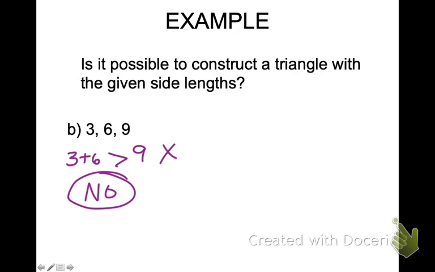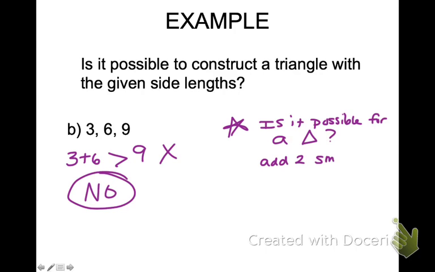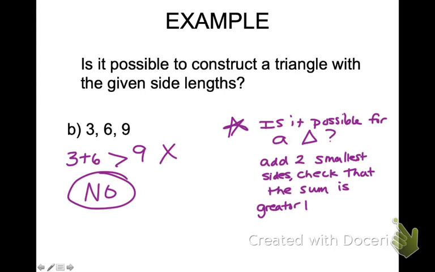So maybe on your index card you might want to write something if it says, is it possible for a triangle, add 2 smallest sides, check that the sum is greater than the third.